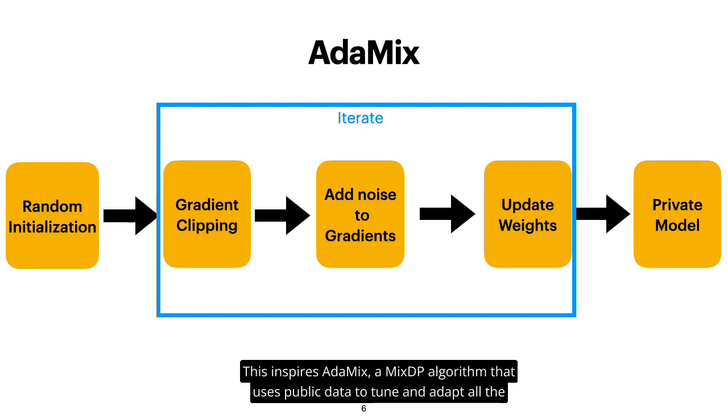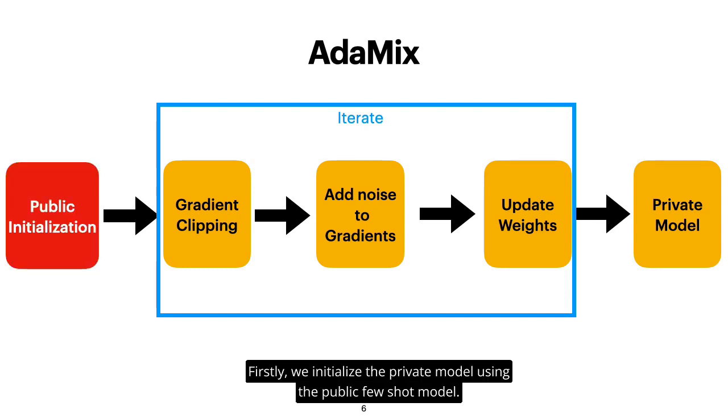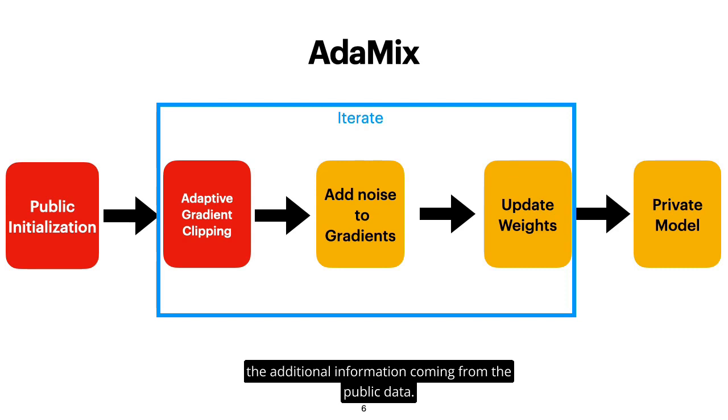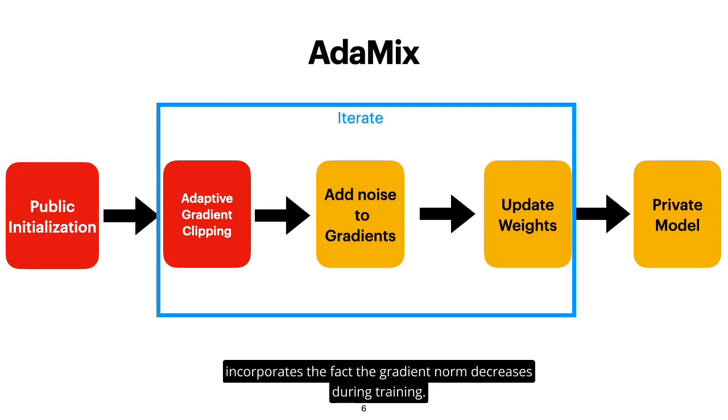This inspires ADAMX, a mixed DP algorithm that uses public data to tune and adapt all major steps of private training. Firstly, we initialize the private model using the public few-shot model. Then, to obtain the private perturbation, we can do better than standard DP training if we incorporate additional information coming from the public data. In particular, we compute an adaptive clipping threshold using the public data, which incorporates the fact that the gradient norm decreases during training.